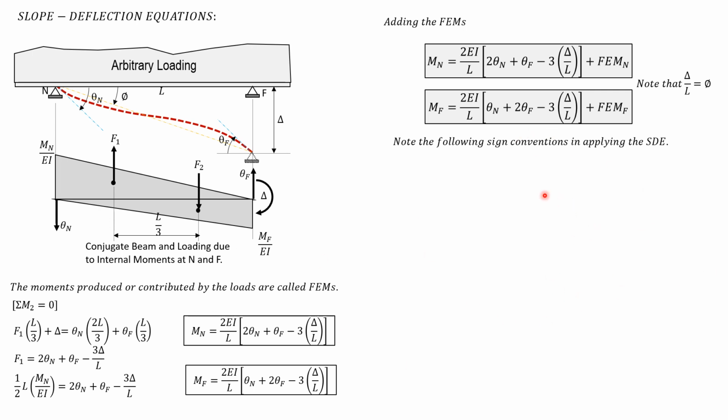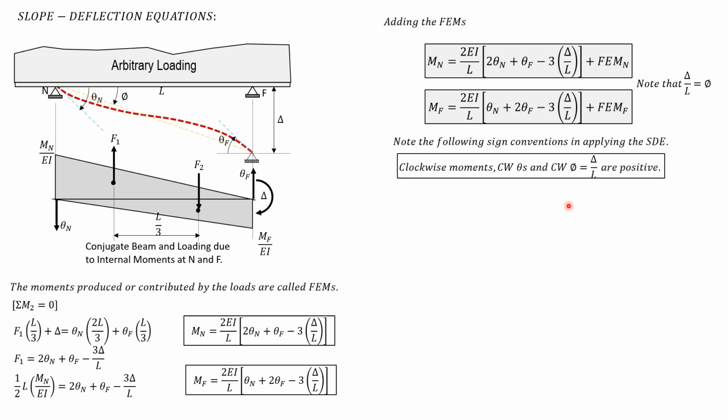And I will state later what is really the universally accepted sign convention for moments. So clockwise moments, clockwise rotation, then clockwise P, which is delta over L, are positive in these slope deflection equations.